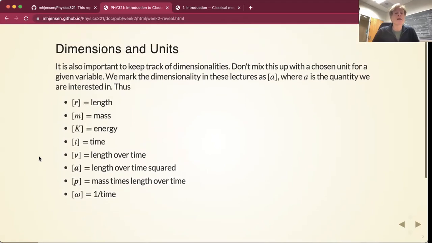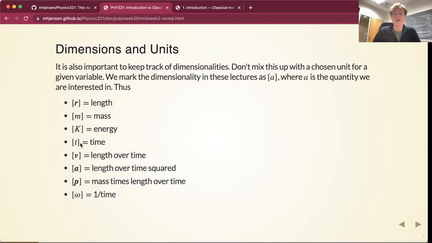If we then look at the dimensions of these quantities, there is a kind of sloppy physicist notation where we indicate the dimension of a given variable by using these brackets. So r has dimension length, m has dimension mass, k, which is the kinetic energy, has obviously dimension energy.